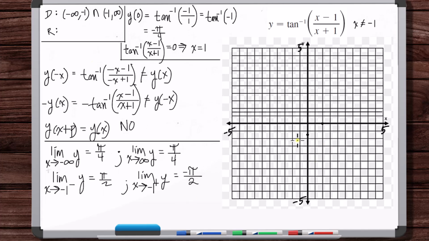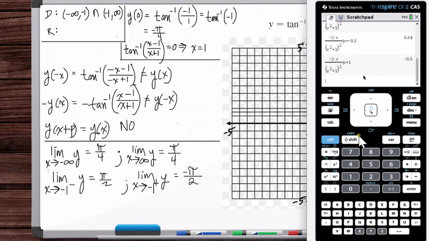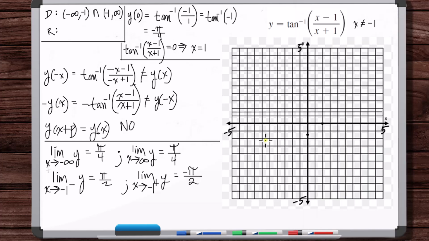We need to graph pi over 2 and minus pi over 2. Pi over 2 is 1.57. So minus 1 and then 1.57, about right here.